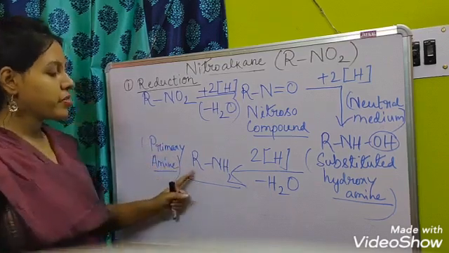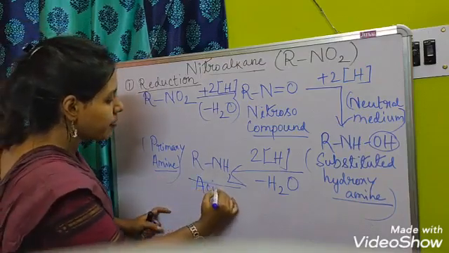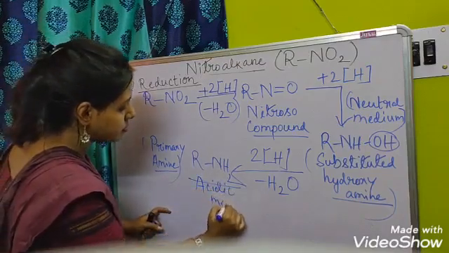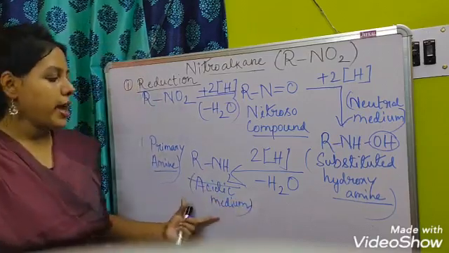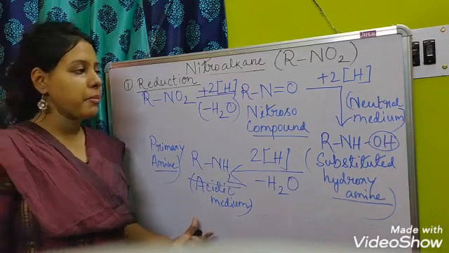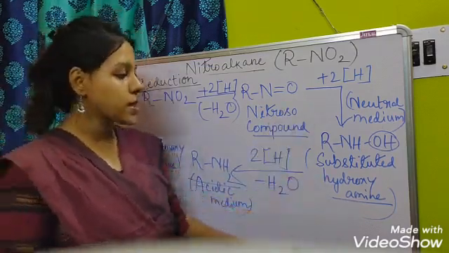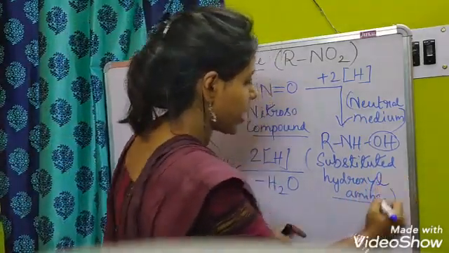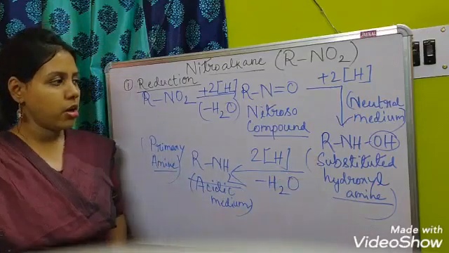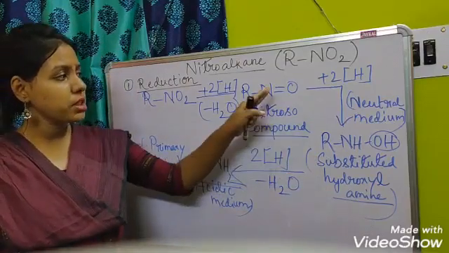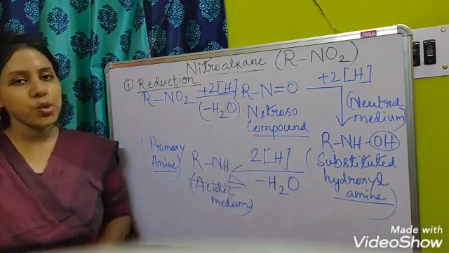Okay, so these primary amines are obtained mainly in acidic medium. So in acidic medium we will get primary amines. In neutral medium we will get substituted hydroxylamine. Okay, and in mainly alkaline medium we will get this one, that is the nitroso compound.